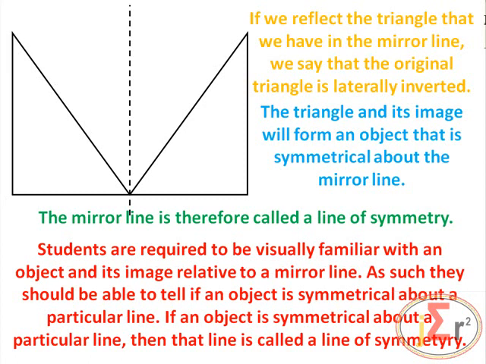So a line of symmetry is one about which the object is symmetrical. Symmetrical means that it is divided into two halves, and the two halves are mirror images of each other. One is a lateral inversion of the other.